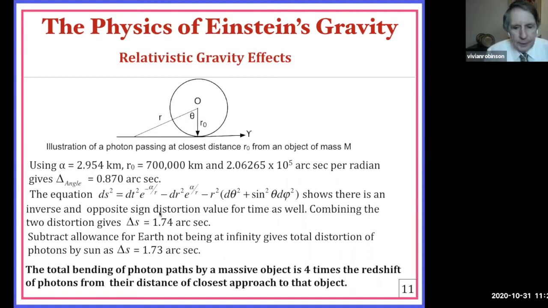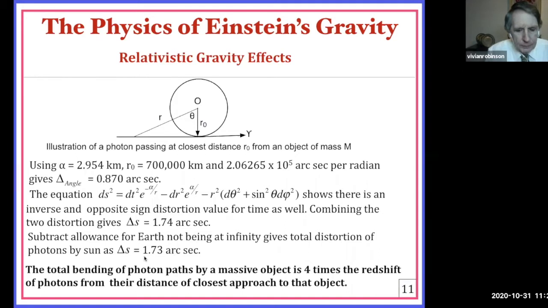When the two are subtracted, the total distortion becomes 2 alpha over r0, which gives delta S equals 1.74 arc seconds. And photons measured at Earth have not traveled back to infinity with respect to the sun. So this corrects to 1.73 arc seconds when measured from Earth. And those results have been verified by observation and agree with Einstein's predictions.